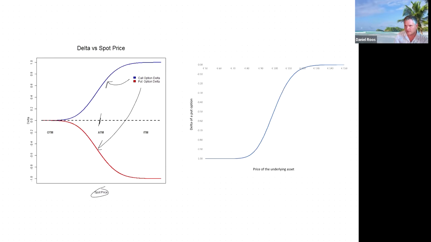If spot were to decline, let's imagine this red line is actually kind of like this. Spot declining is going to push any put option more and more in the money, right? And so spot increasing, like it is here, will make any call option go more and more in the money.